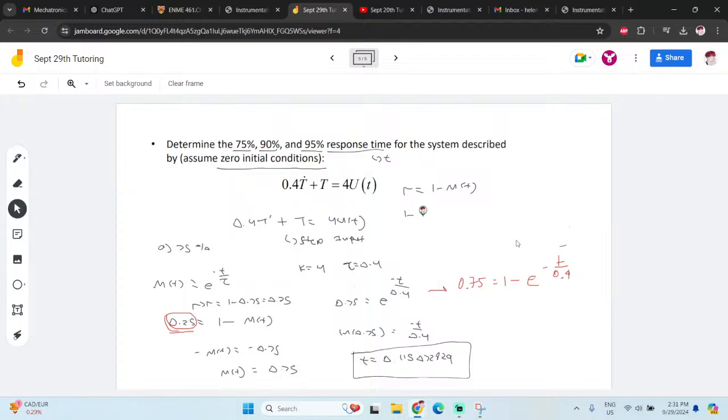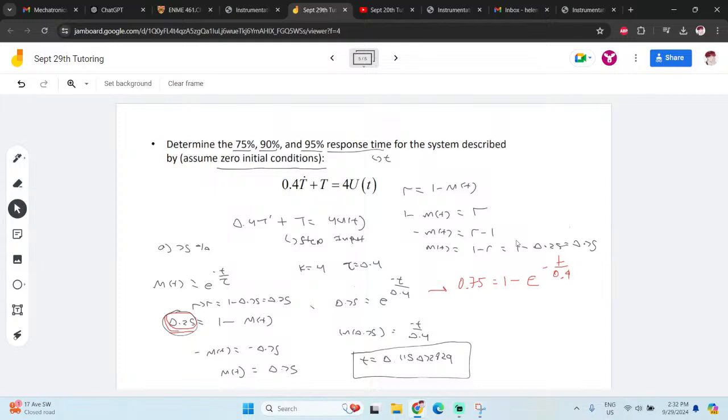Then equals the dynamic error. Right. Okay, so then right over here, isn't it supposed to be my dynamic error, which is just what's not completed?